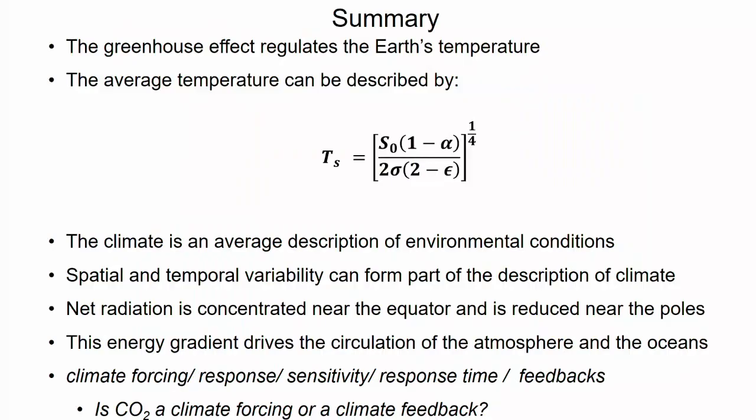So that's really the end of today's sermon. The important things to remember are this equation here. We can describe the temperature of the Earth's surface by a really simple relationship that only has 3 important variables.